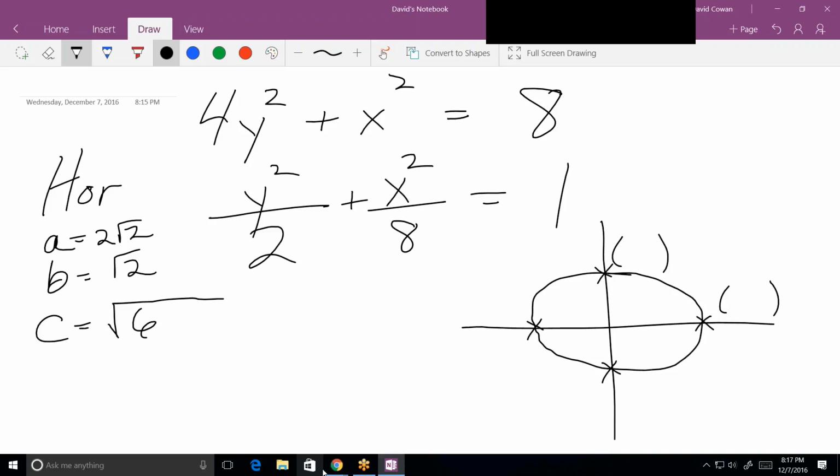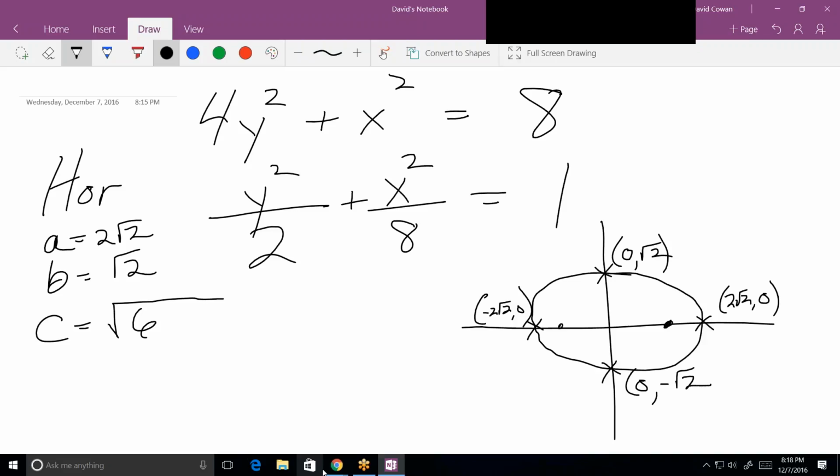How about the one on the right? 2 root 2 comma 0. Making this negative 2 root 2 comma 0. And this one is 0 comma root 2, and this one is 0 comma negative root 2.